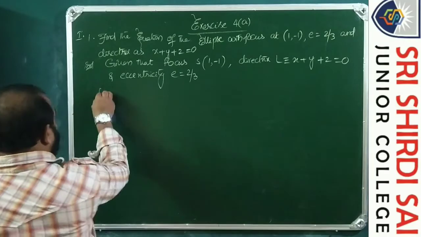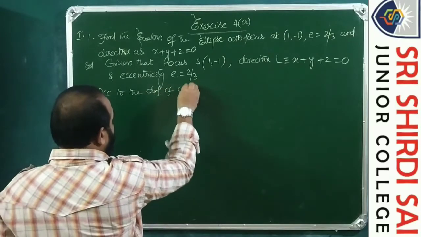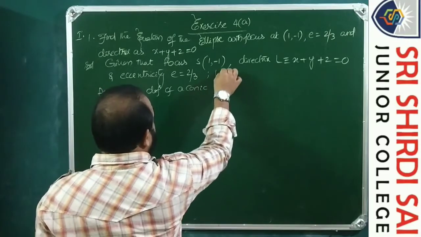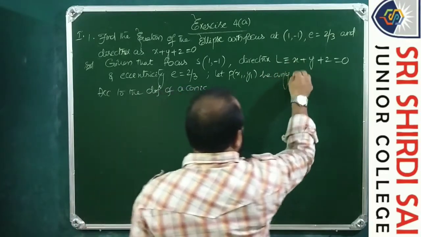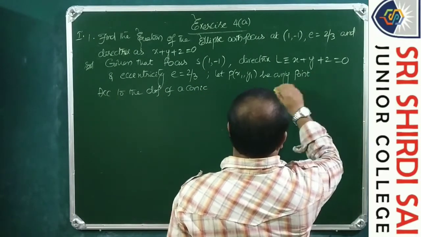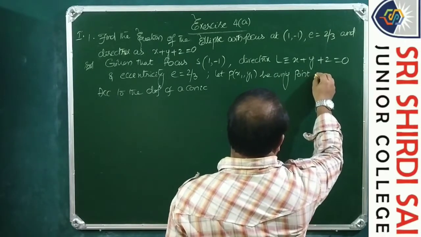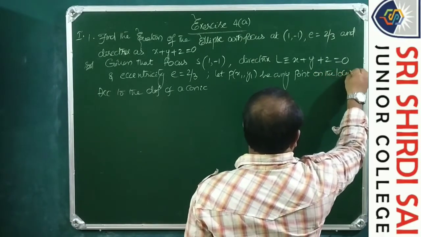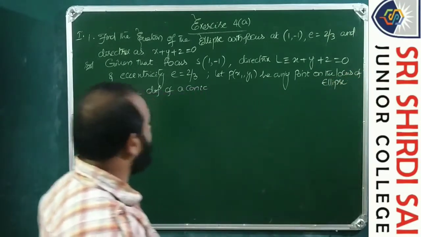So according to the definition of a conic, before that, let P(x1, y1) be any point on the locus of P, the locus of the ellipse.